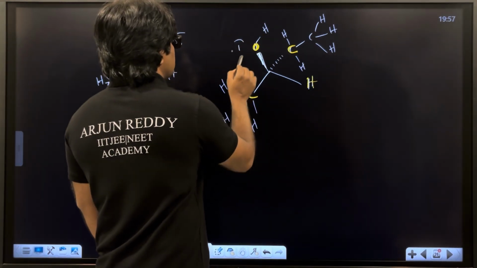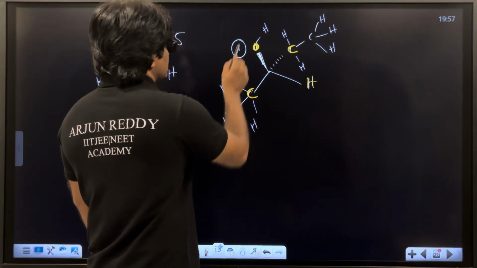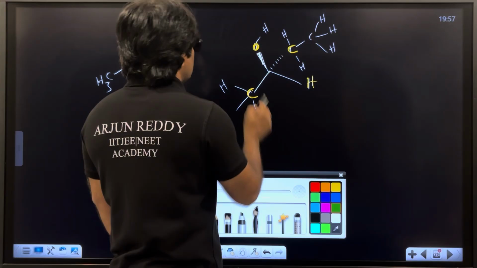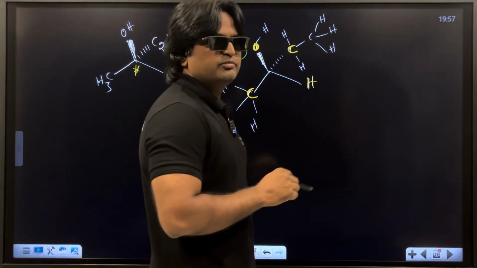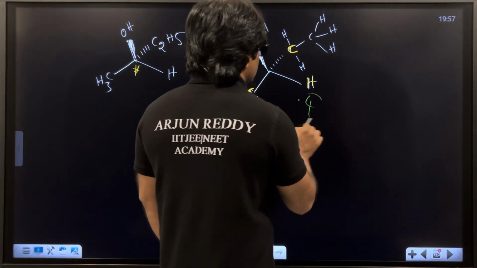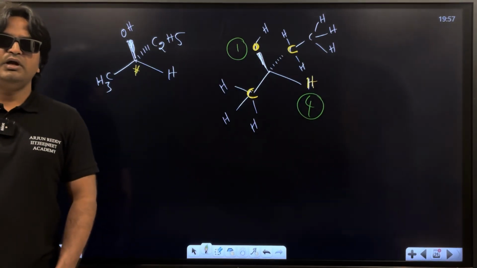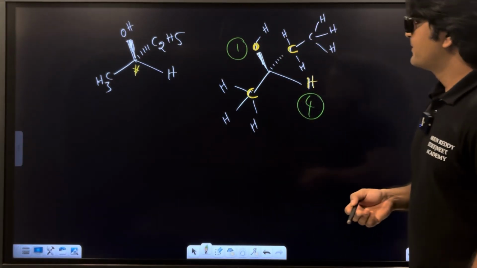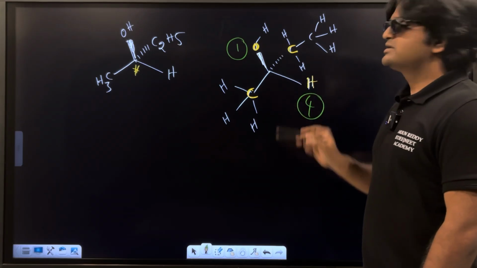First priority should be given to what? OH. There is no confusion about giving first priority and also fourth priority. Fourth priority should be given to what? Hydrogen atom.